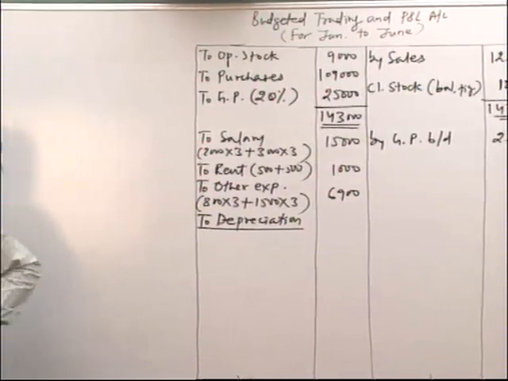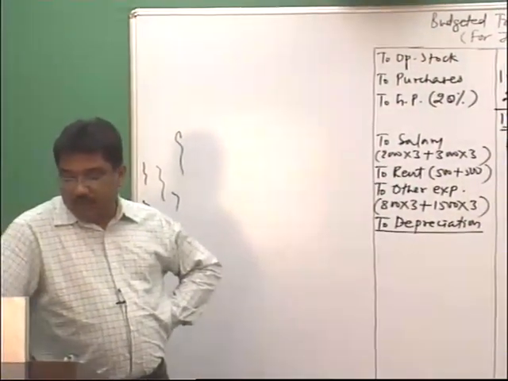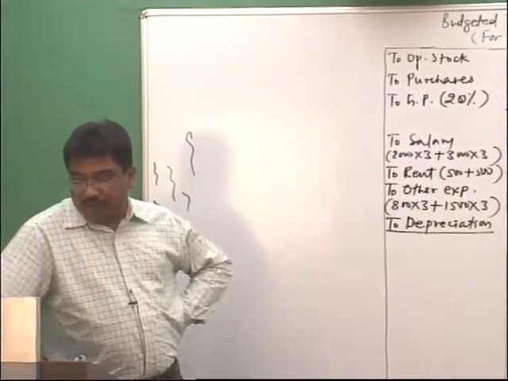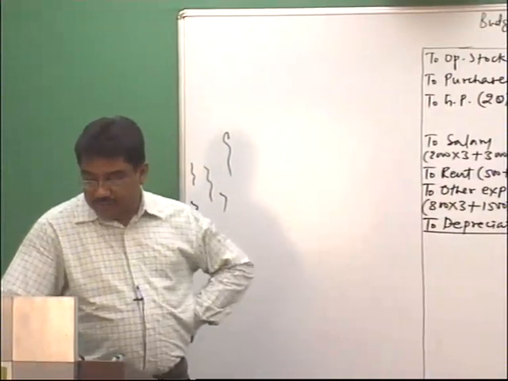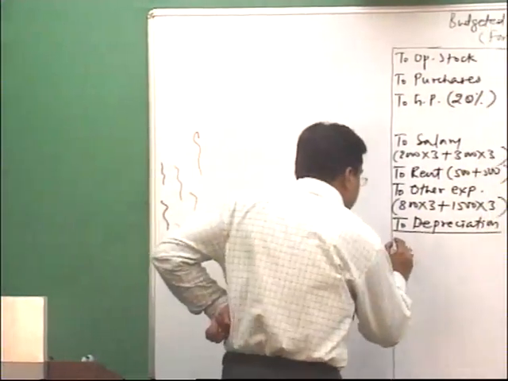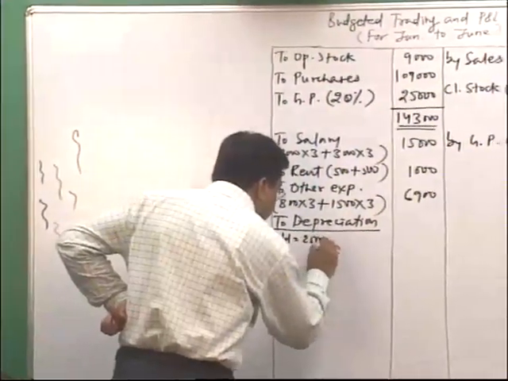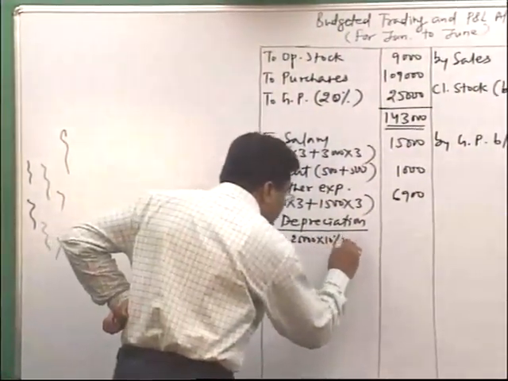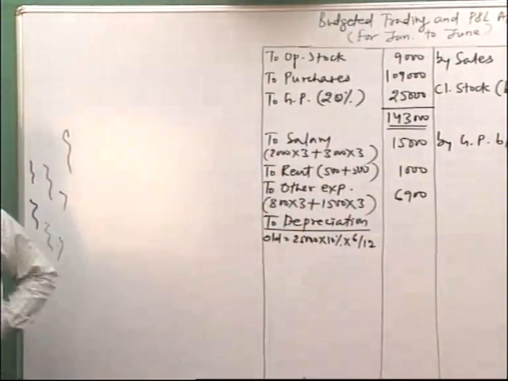So on old fixed asset, you have to count depreciation for 6 months, and on new fixed asset, you have to count depreciation for 3 months at the rate of 10%. So here on old, it will be 25,000 into 10% into 6 upon 12. Please find out what is the depreciation.